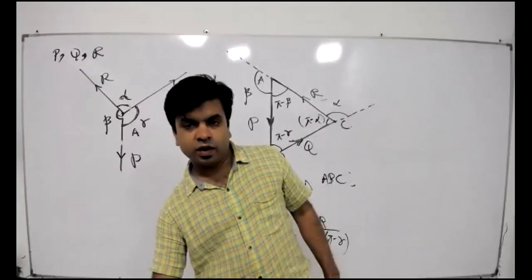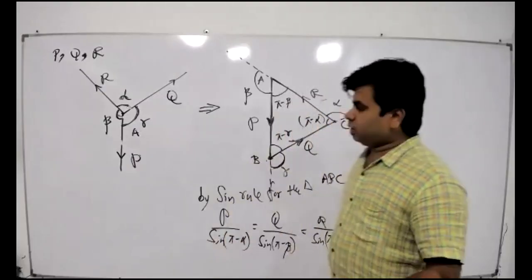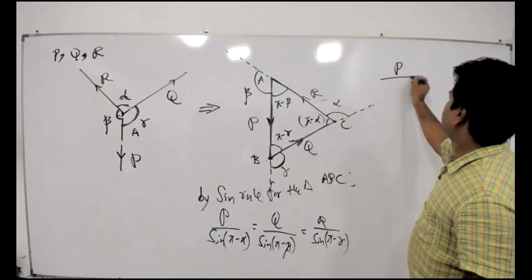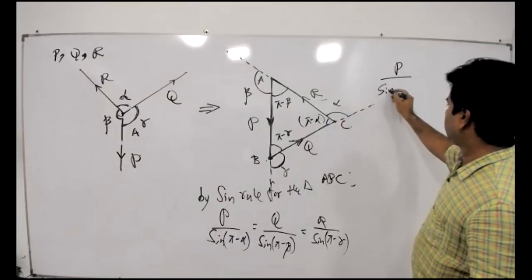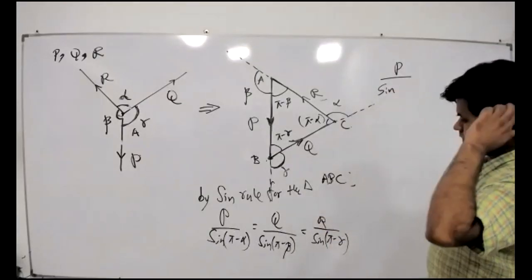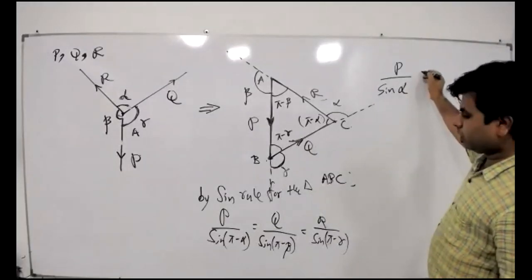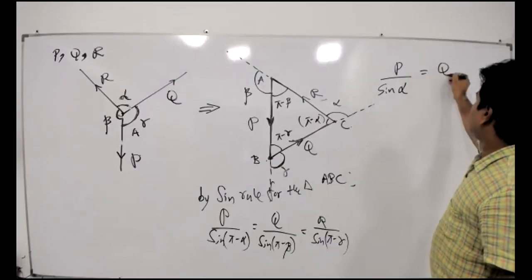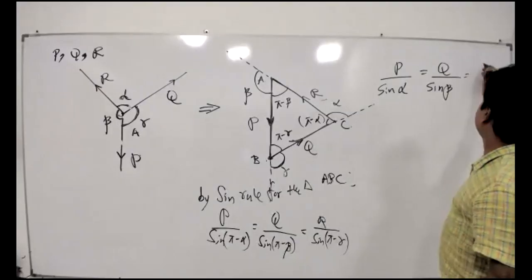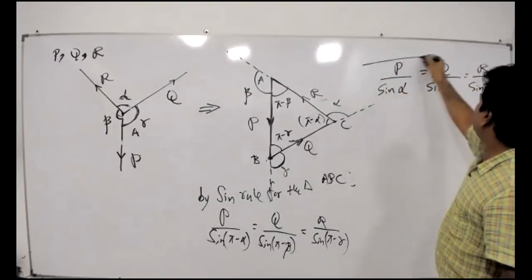Sine alpha. What is the reason behind that? It's in the second quadrant, so sine is positive, and pi minus means it doesn't change the ratio, because of an even multiple of pi by 2. Good. Then Q over sine beta equals R over sine gamma.